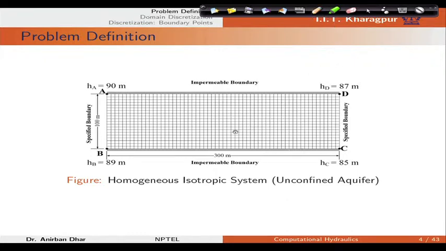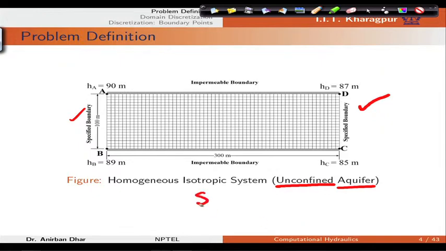Again our system is a homogeneous isotropic system. Boundary conditions are the same like our previous confined aquifer flow, but the only difference is that we are considering it as unconfined aquifer flow.